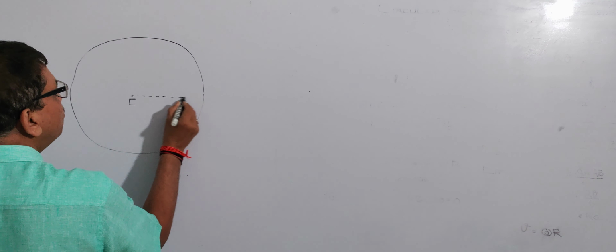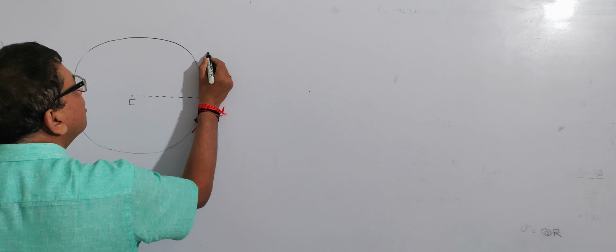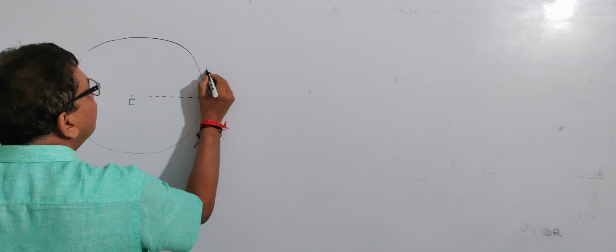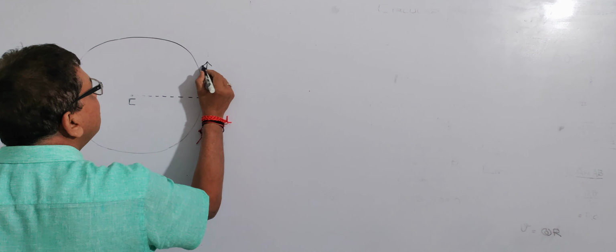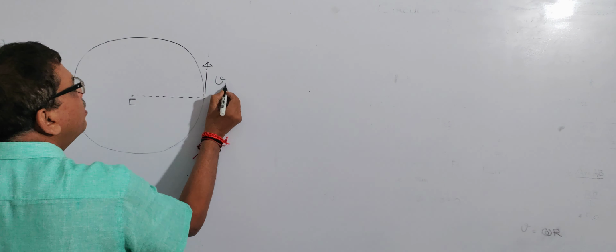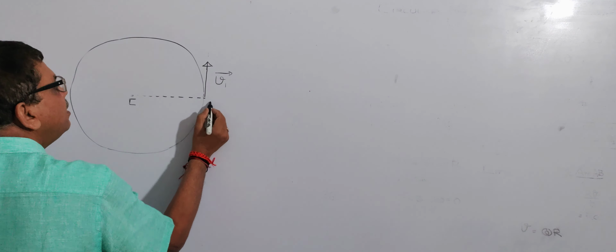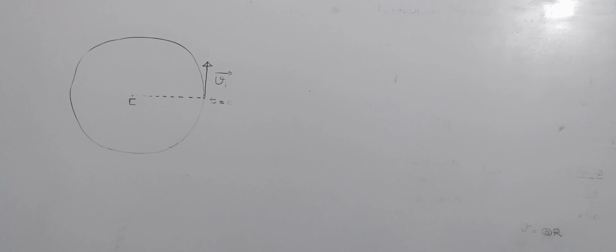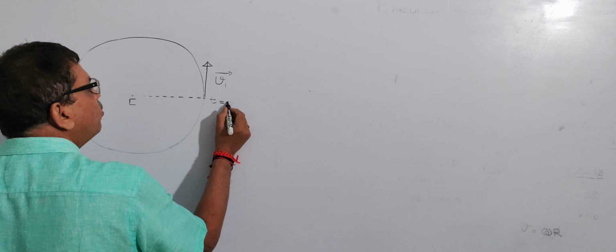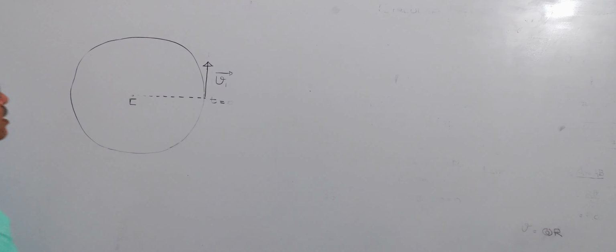At t equals 0, let us take the velocity vector represented by velocity vector v1. This represents the velocity vector v1 at t equals 0. Is it clear? At t equals 0, the particle velocity is represented by the v1 vector.